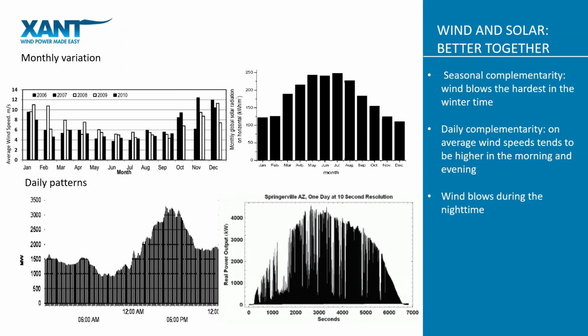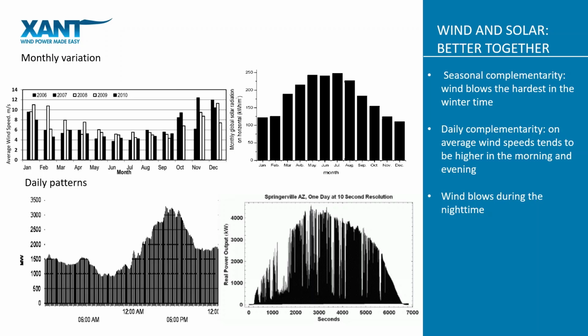The typical curve of a PV system throughout the year obviously peaks in the middle. The same is true for daily patterns, of course, and wind on a daily basis tends to be a bit higher over the nighttime, and especially the morning and evening periods, when it picks up in the morning and then picks up again in the evening.